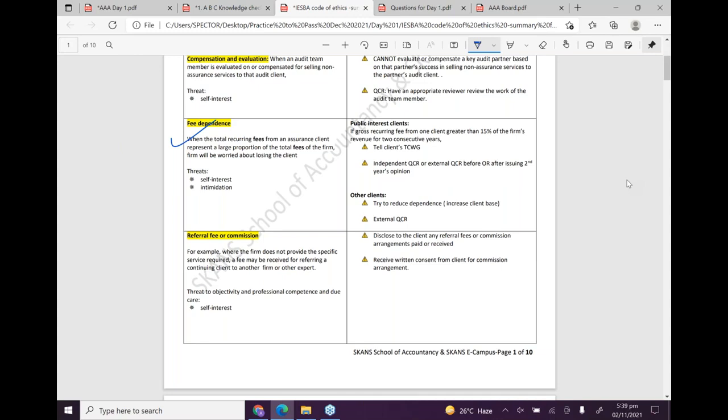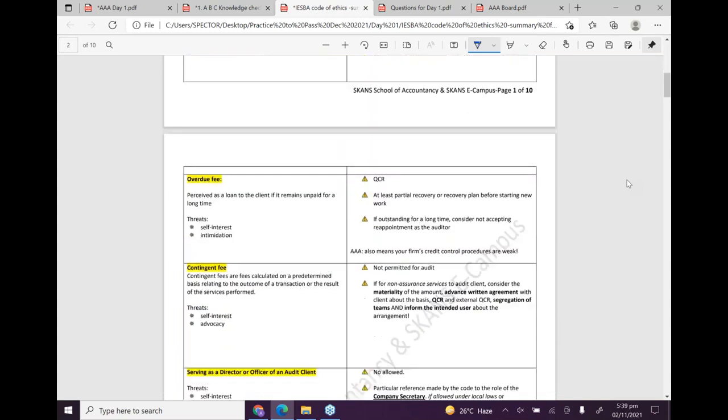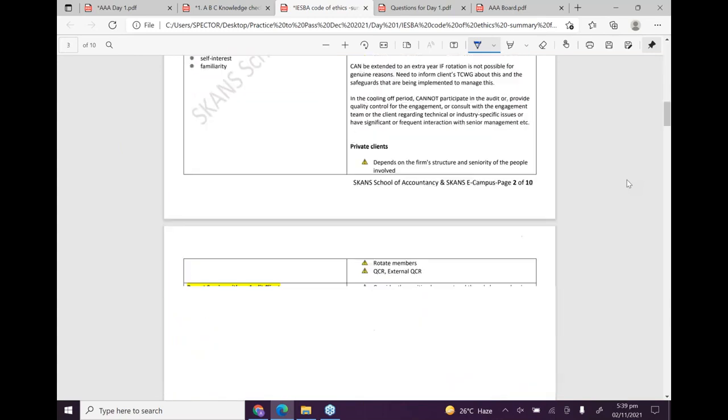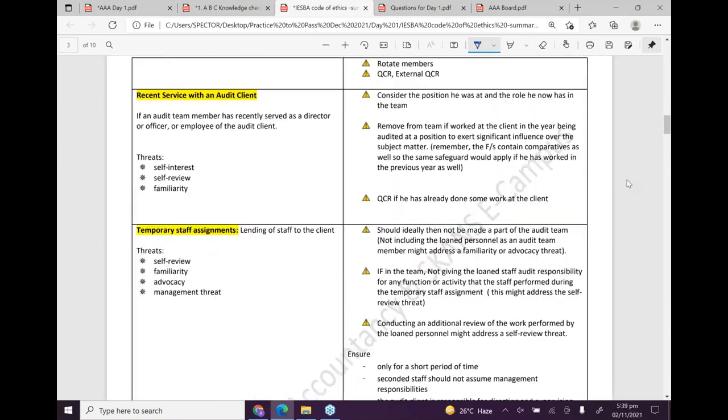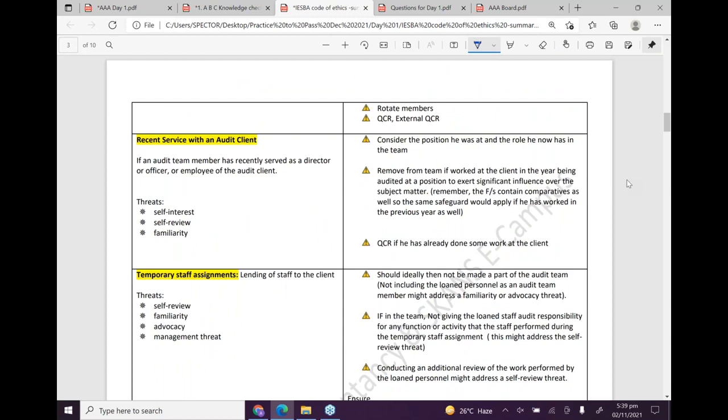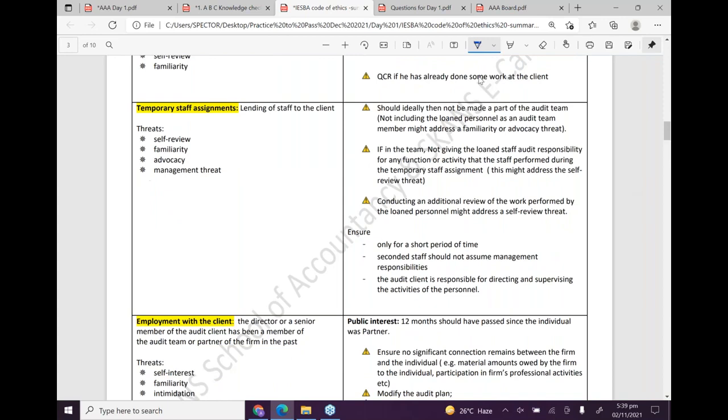I'll talk about the answering techniques in just a second, but I'll give you a frequently tested one. For recent service with an audit client, you can get up to 6-7 marks if you have simply prepared what you see on the screen right now. Temporary staff assignment is very frequently tested.